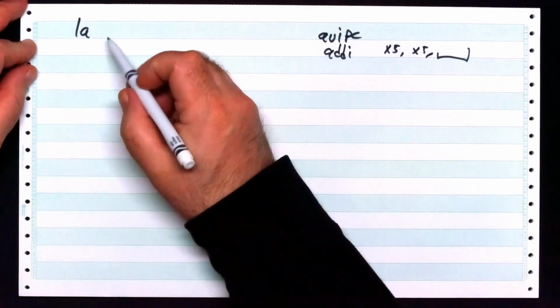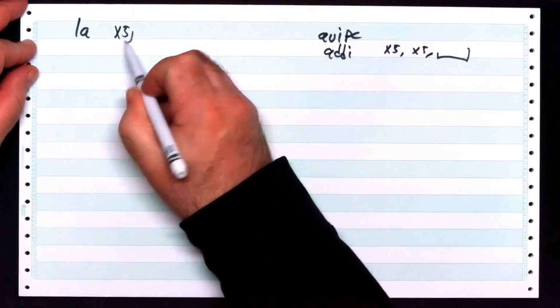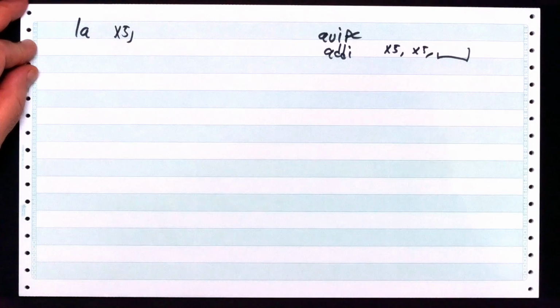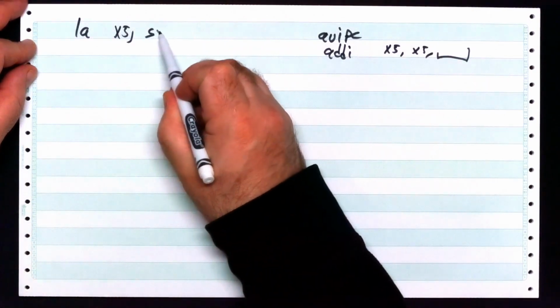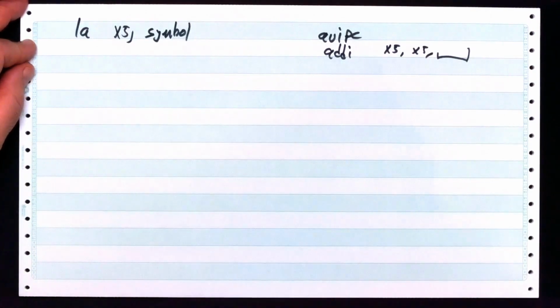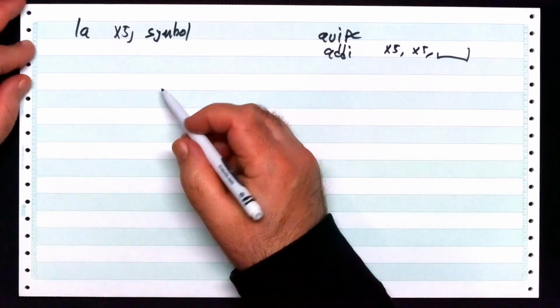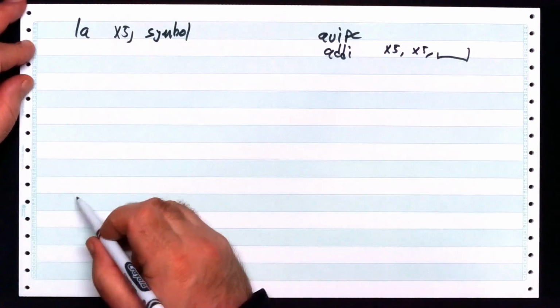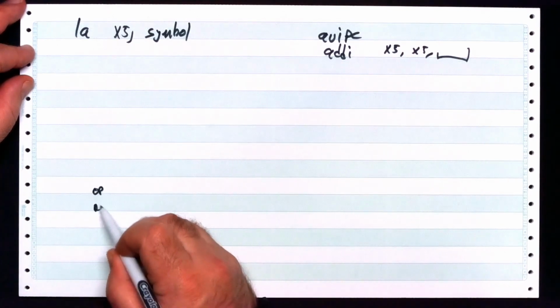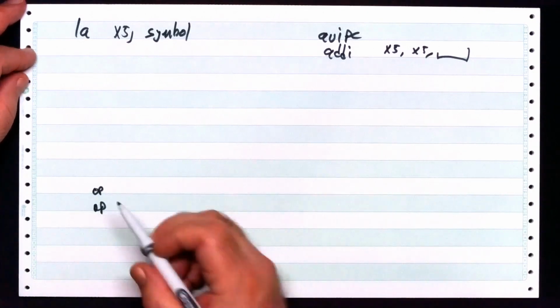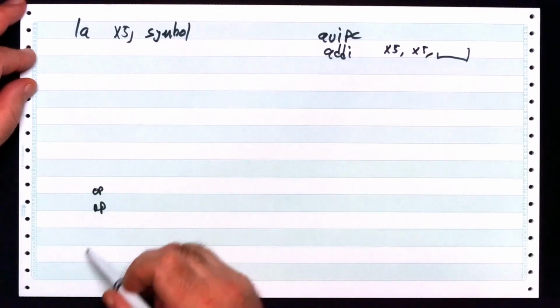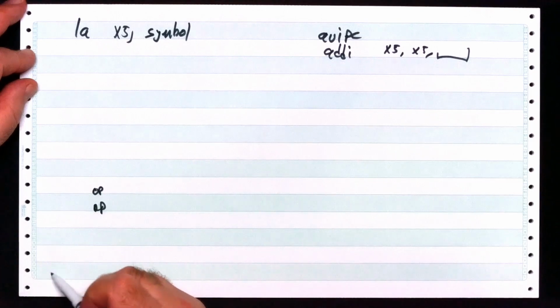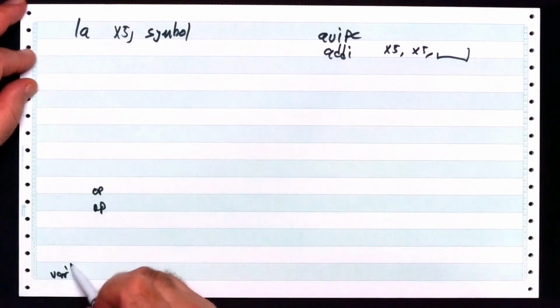All right, now the LA really is, let's say X5, because that's what maps to this over here. And I want to put a symbol here. Where you use this is, let's say I got some code here. I'm writing some operation here. And I want to load, maybe I got a symbol over here like var1.